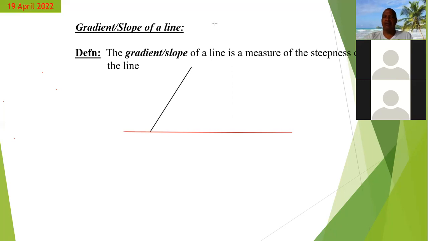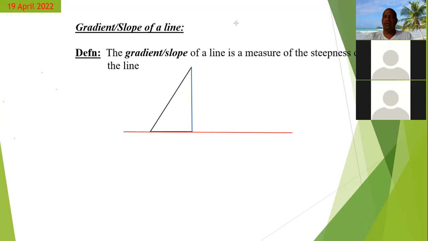It has to do with the height of the top of the line. So if we are thinking about the height of the top of the line, we have to measure from the height to the ground, right? And then we would have to measure the distance from the foot to where the height meets.